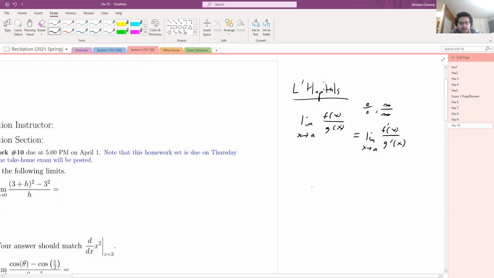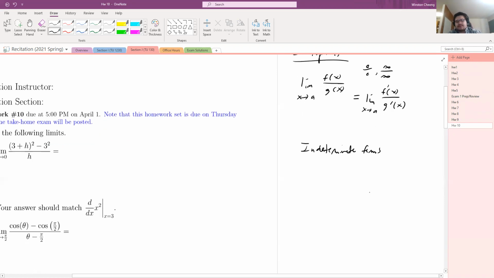Okay. Another thing I want to say is about the whole list of all the indeterminate forms. There's, I think, a list of 7 of them. To start with, there's the 0 over 0 and infinity over infinity. Then there's 0 times infinity.